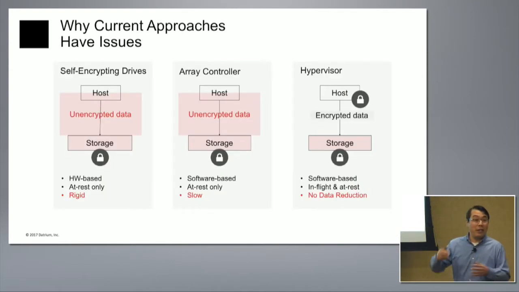Well, the third approach is to encrypt the data at the application level or the hypervisor level. This approach makes sure that data is encrypted on the servers that are actually running the workload, running the VM. Unfortunately, it has a very bad consequence. As a result of encrypting data that high in the stack, all of the subsequent data reduction techniques, the deduplication and the compression, no longer work.